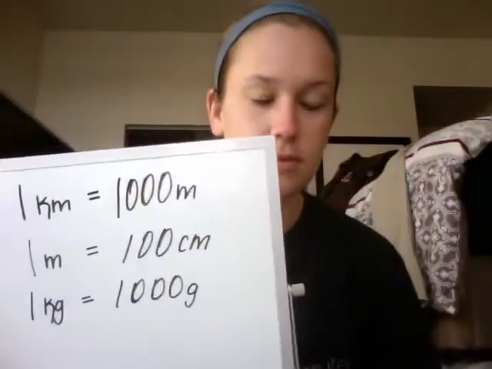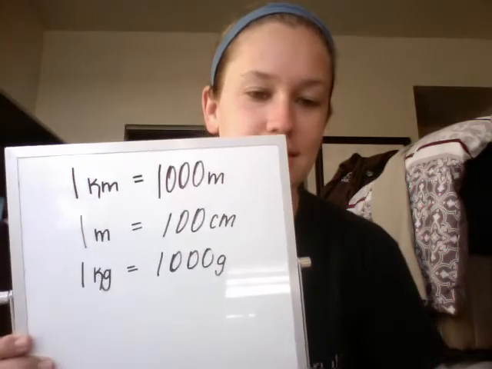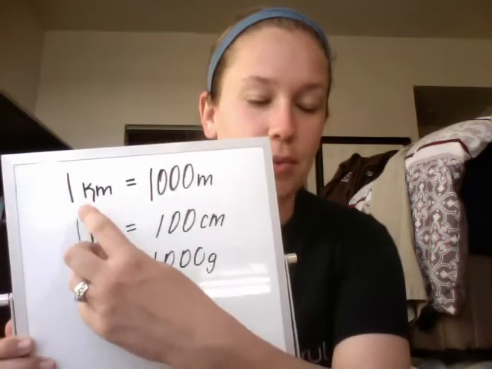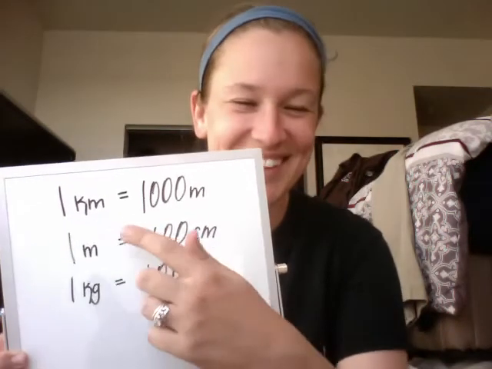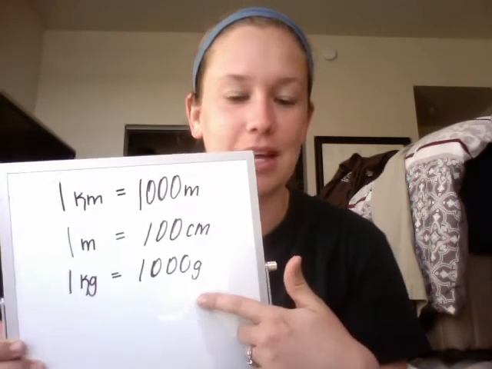Okay. 1 kilogram is equal to 1,000 grams. Notice kilo then probably has something to do with 1,000. That's what kilo means. So if you have 1 kilometer, 1,000 meters, 1 kilogram, 1,000 grams.